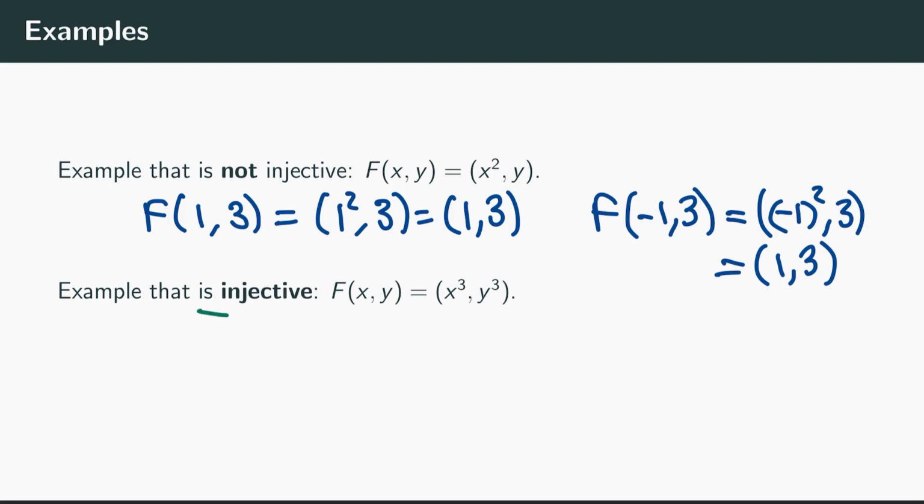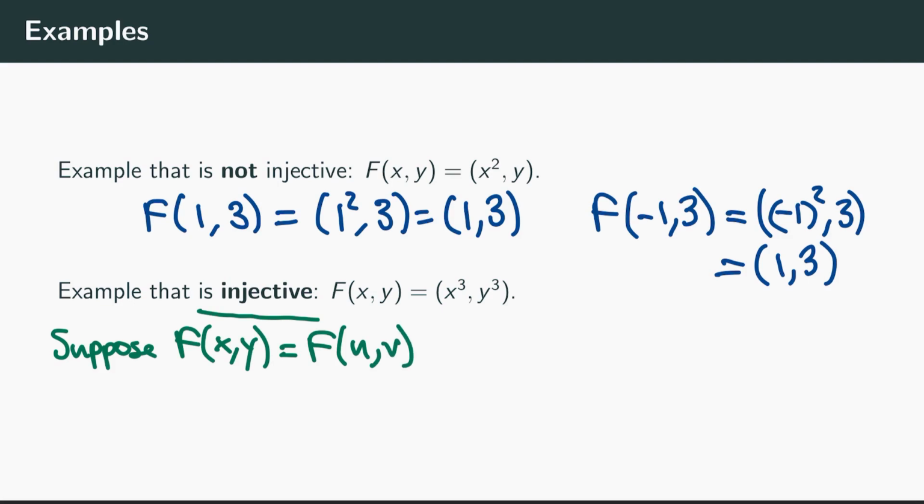Here's an example that is injective, and that one's injective because we can just go ahead and show it. So here, let's say, suppose f of (x, y) is equal to f of (u, v). Right, so this is playing the role of my p and q from the previous slide.